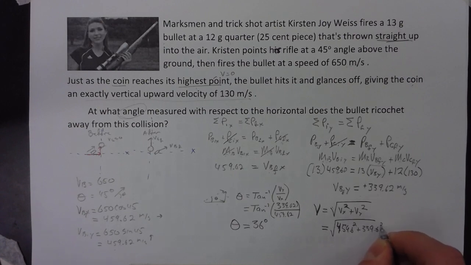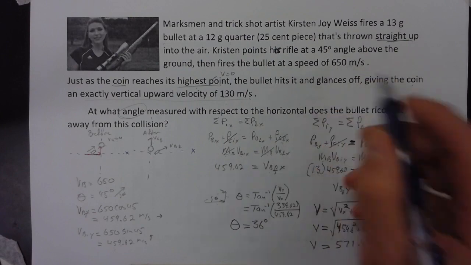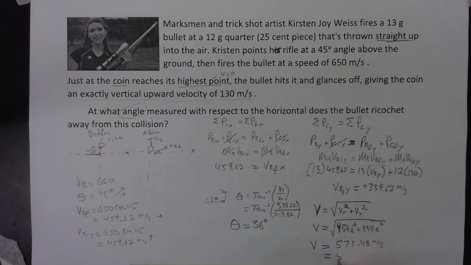We'll drop the 2 because of space there, squared. Carried out in the calculation. And when I calculate that out, I get 571.48 meters per second. We've got 2 significant digits, so 570 meters per second is good enough for that.